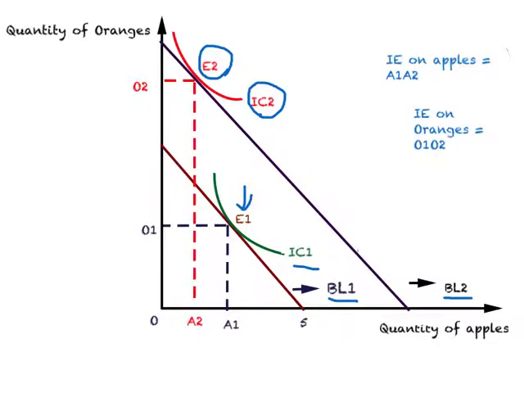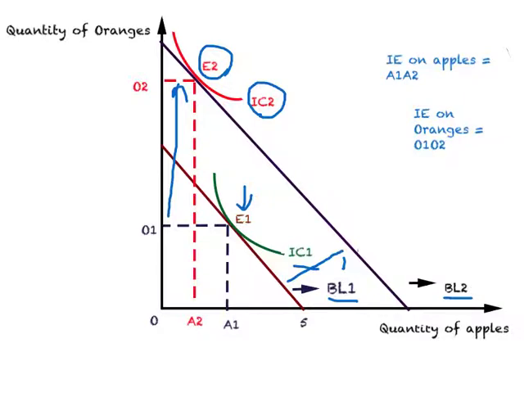Now what you find here, and this is interesting, when real income of this person changes or increases, like from here to here, what you find is there is an increase in consumption of oranges.